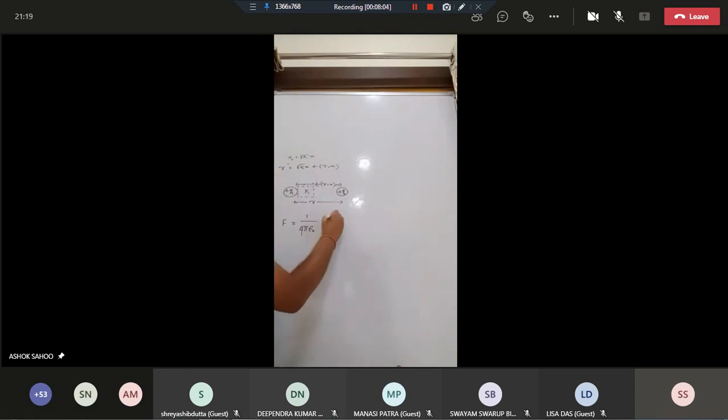So F equal to 1 by 4 pi epsilon naught into Q1 Q2 divided by root K X plus R minus X, whole squared. This is your force of interaction when the space between two charges is partly filled up by the dielectric substance.